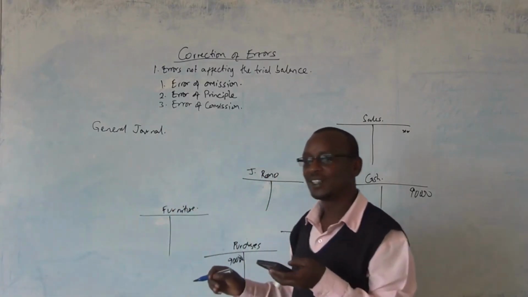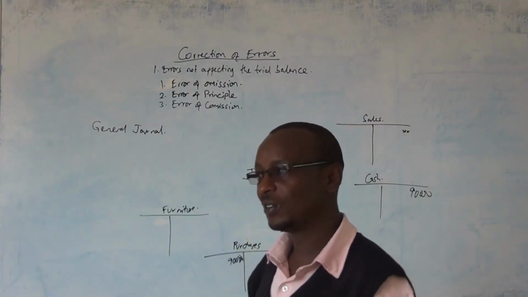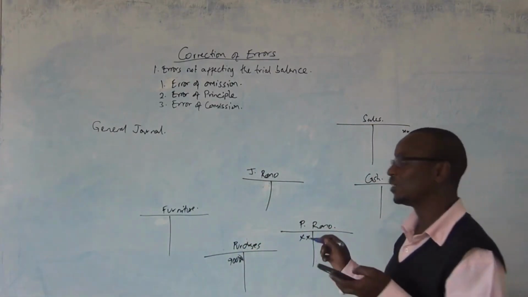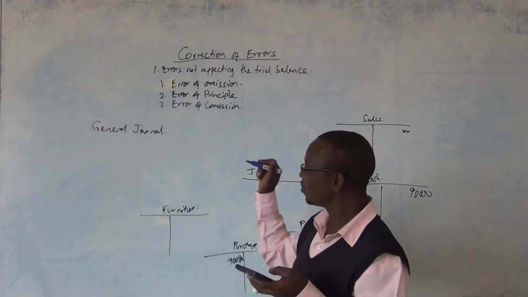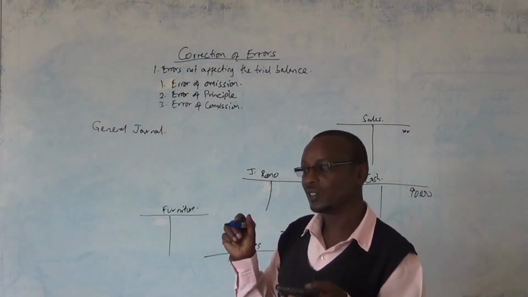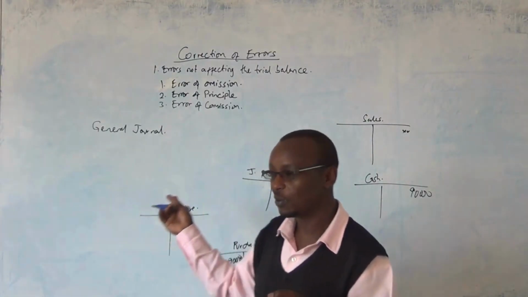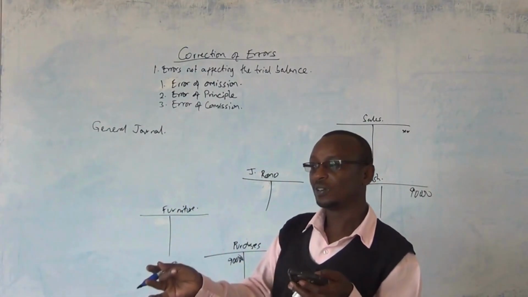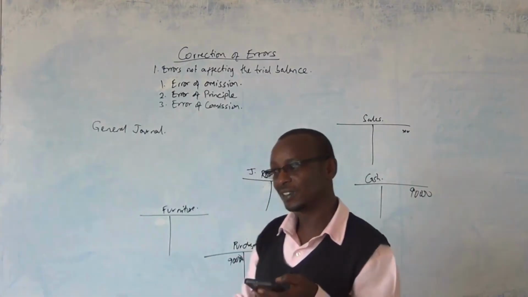Which journals did we have? Sales journal, purchases journal, and general journal. One of the uses of the general journal, we said, is the acquisition of fixed assets. That's when you put them there. And also the issue of shares, isn't it?